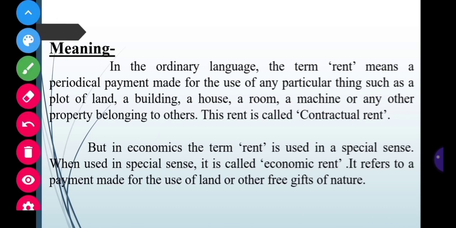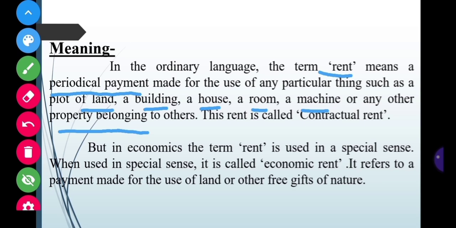In ordinary language, or in general, the term rent means a periodical payment made for the use of any particular thing, such as a plot of land, building, house, room, machine, or any other property which belongs to some other person, or those things which are under some other ownership.